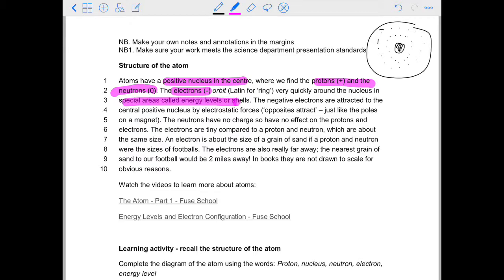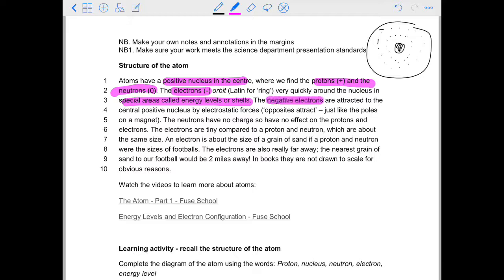These are special areas called energy levels or shells. So they are moving in that constant area in a constant direction. If they have more energy, they'll go to a higher energy level. If they have less energy, they'll go to a lower one, but each energy level can only hold so many electrons.